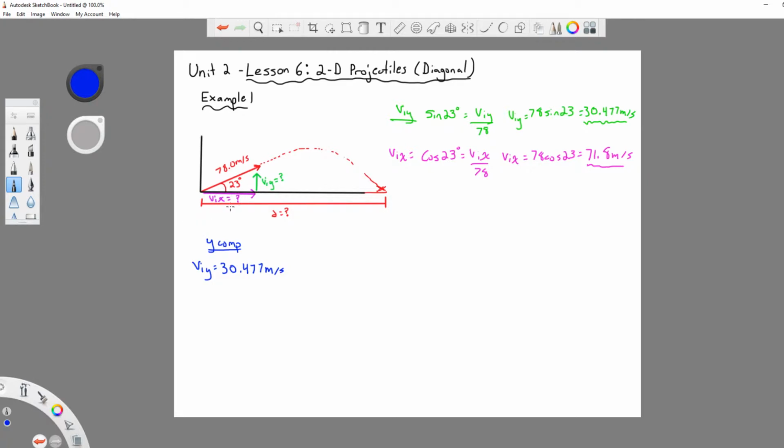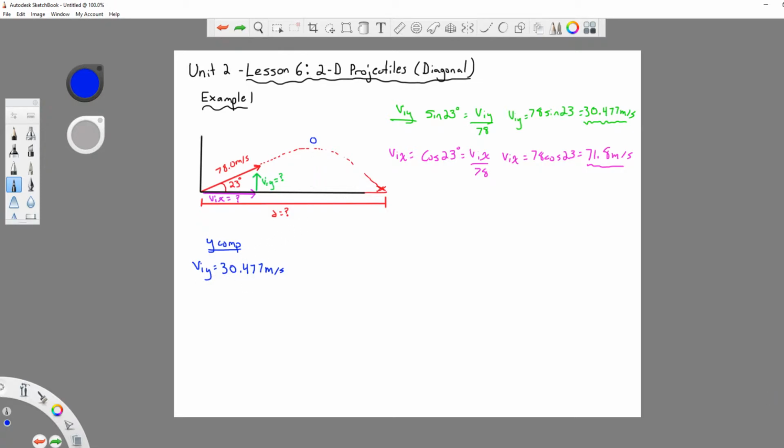VF. Okay, so now we're dealing with that symmetry issue, right? If we toss something up in the air at 10 meters per second, and we catch it from the same height coming back down, when it hits our hand it should be going the same 10 meters per second. Same thing here, we're whacking this golf ball up into the sky. It's going to peak, and it's going to be 0 meters per second right at the peak in the y direction, and then it's going to start to fall again.